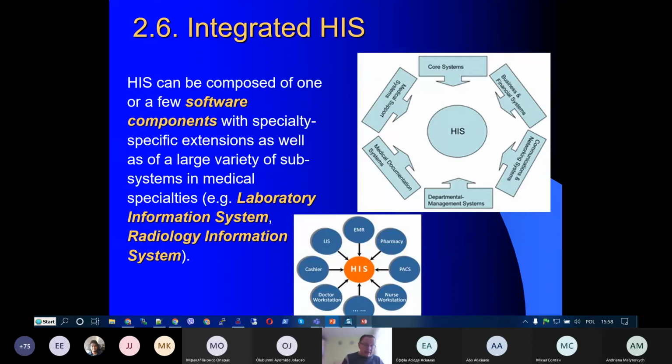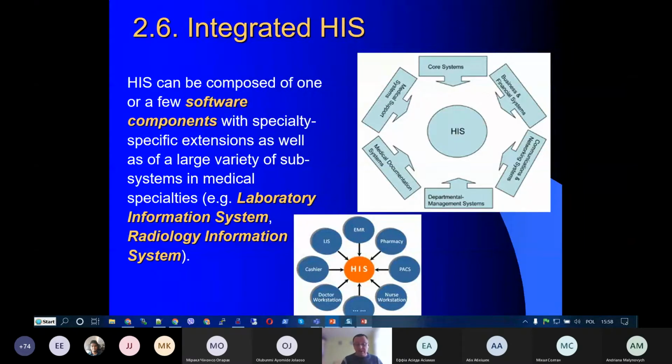Practically, when most physicians, especially chief executives of hospitals, speak about hospital information systems, they are interested in an integrated solution which would cover all possible aspects of hospital activities, allowing total automation of all departments.